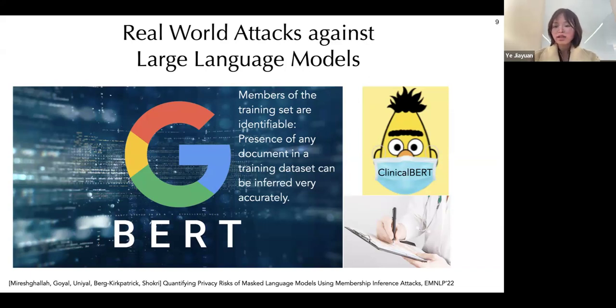So in this particular setting, they are looking at the clinical BERT data set, where each record is a sensitive healthcare transcript, and therefore is very sensitive to individuals.